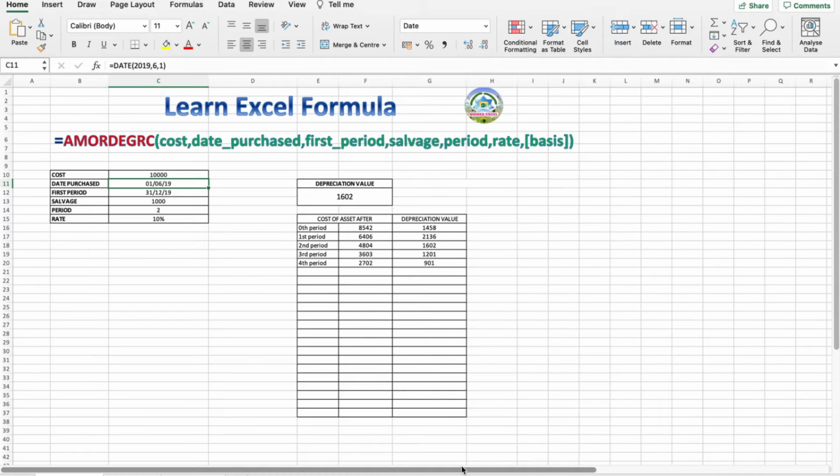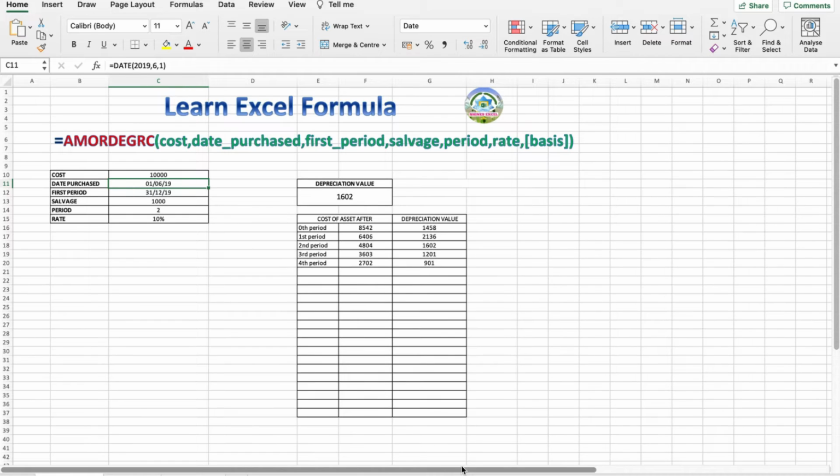For example, if 3 months is the first period, and in the place of period you enter 2, then it denotes that you are going to calculate it after 6 months. So after 6 months, what would be its value?